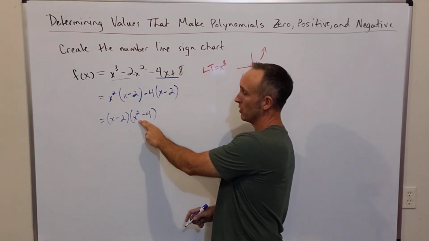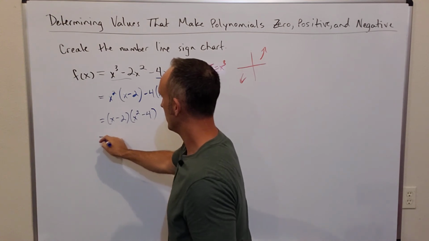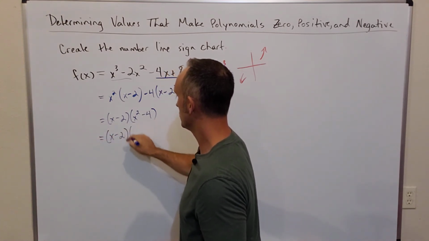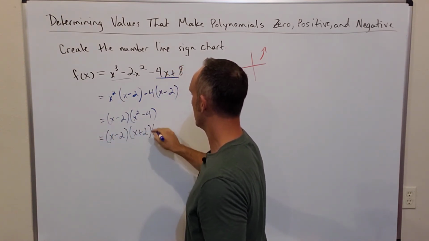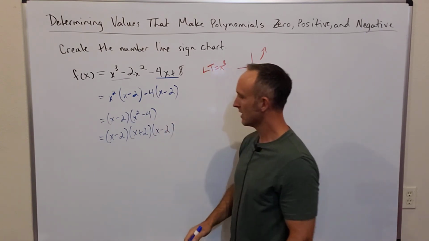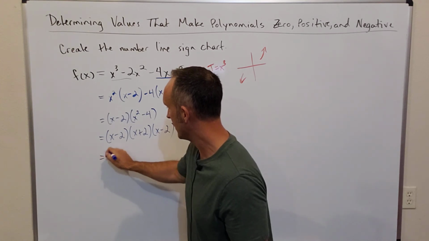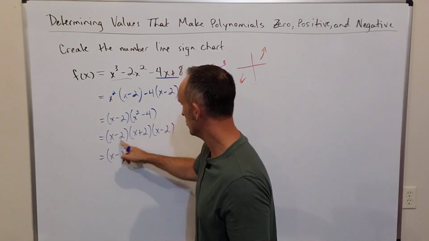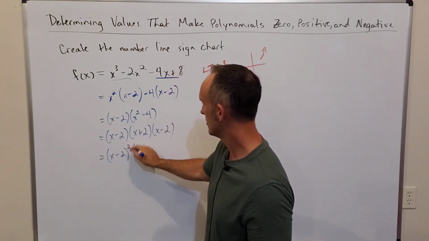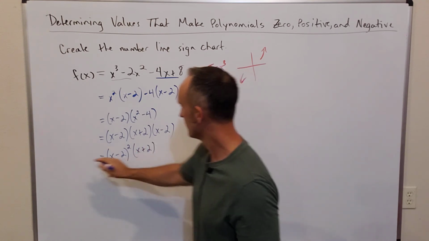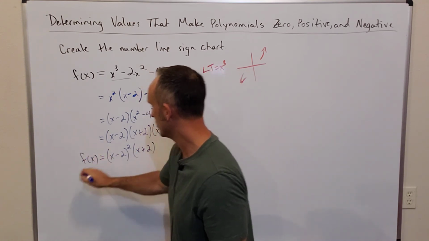x squared minus 4 is a difference of squares, so we have to continue factoring. So we've got x minus 2 times x plus 2 times x minus 2. And because we know multiplicities are going to be useful for us, let's rewrite this as x minus 2 squared times x plus 2. So that's our factored function.